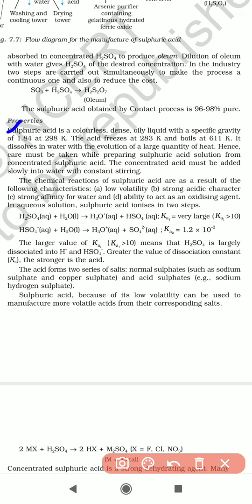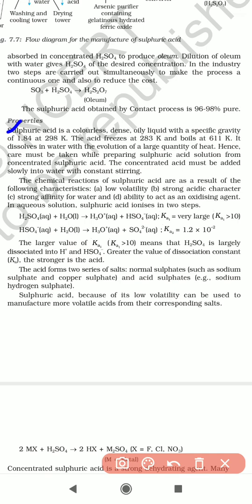We add the concentrated sulfuric acid slowly, drop by drop, to water, and then we can dilute it easily. During this, continuous hard stirring must be applied.